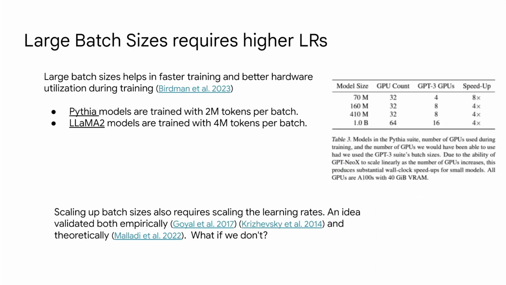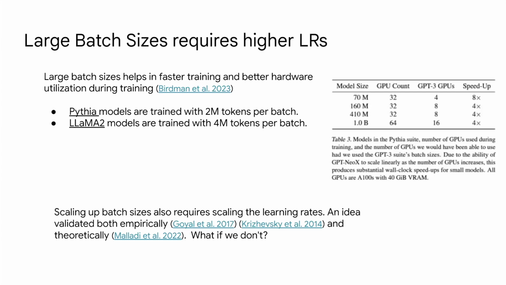Okay, so let's see why large batch sizes are used and why large batch sizes require higher learning rates. Larger batch sizes are typically used to speed up training. Pythia language models, which are open source models, and Llama 2 models have used large batch sizes: Pythia used 2 million tokens, and Llama 2 used 4 million tokens per batch.